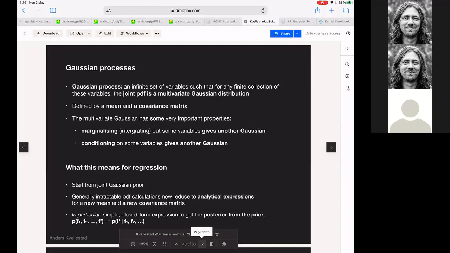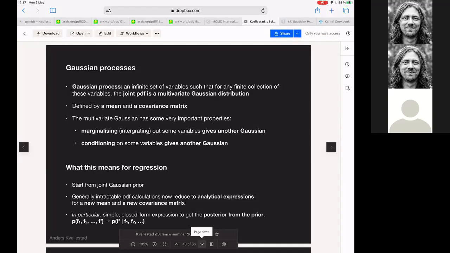If you condition, as we will do when we go from prior to posterior, on some of the function values that we now know, that conditional distribution is another Gaussian. So Gaussians are a closed family in that sense: you start with a Gaussian and you get a Gaussian.